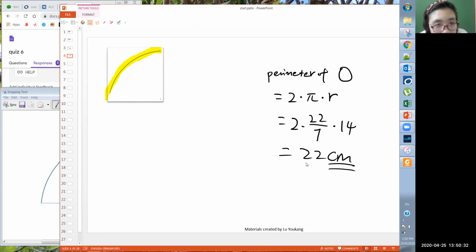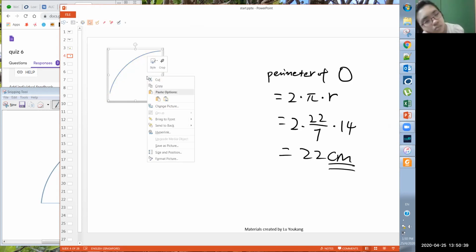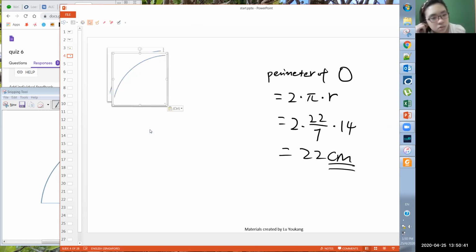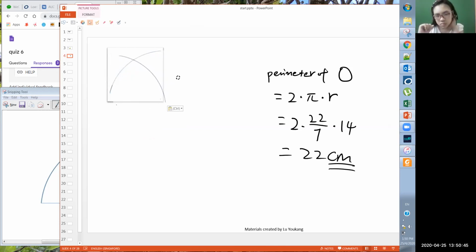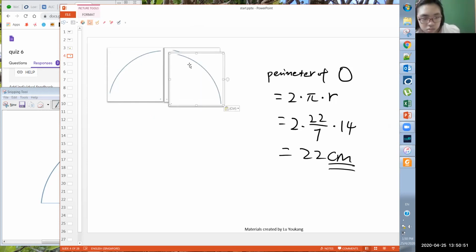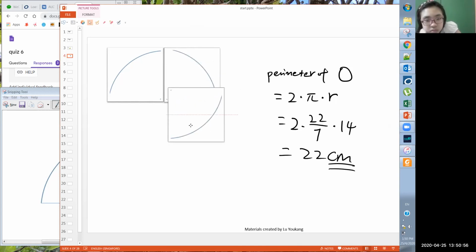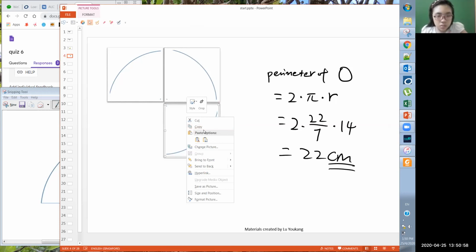So if 22 is the entire circle, then the whole circle is 22. You know what I'm going to do? Yeah, you're gonna make a full circle.